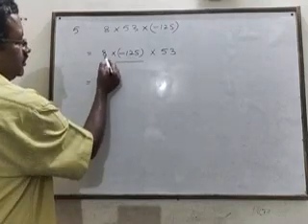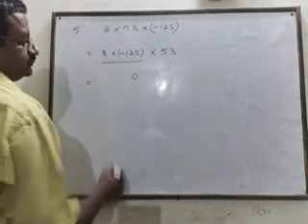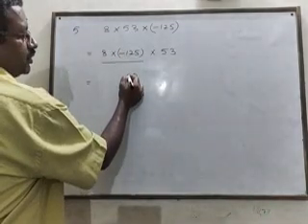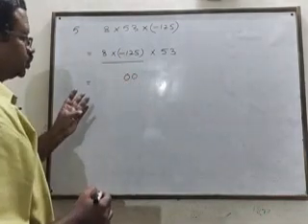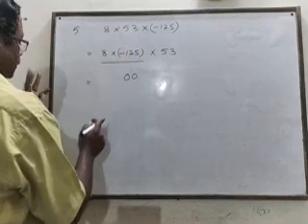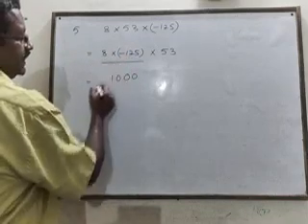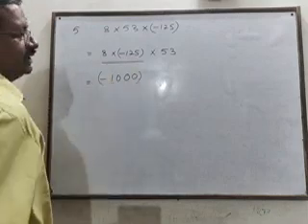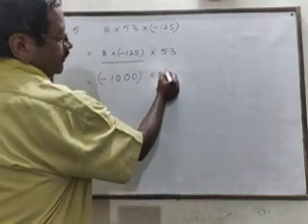After the multiplication, 8 times 5 is 40, 4, 8 times 2 is 16 plus 4 is 20, 2, 8 times 1 is 8 plus 2 is 10, and the sign will be minus. So you will get -1000 into 53.